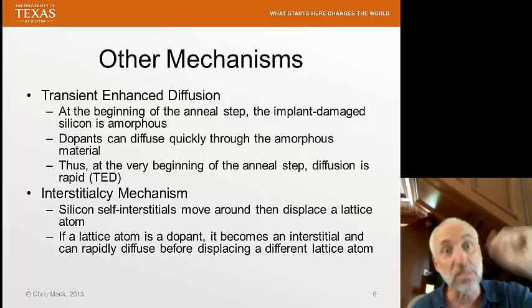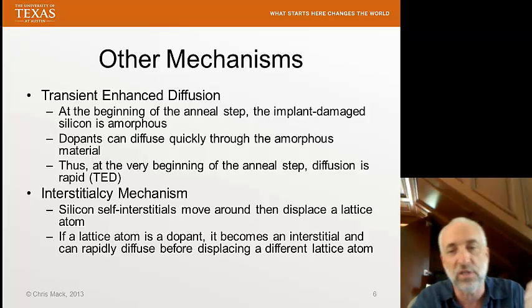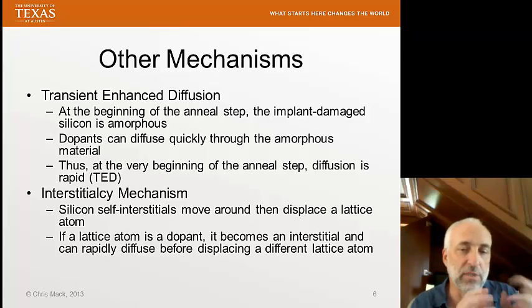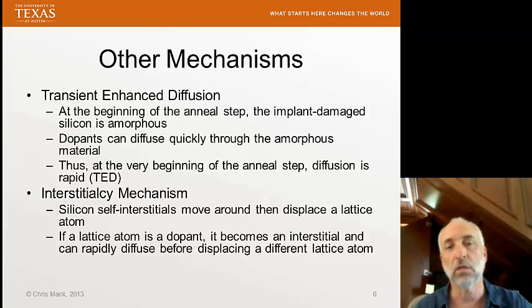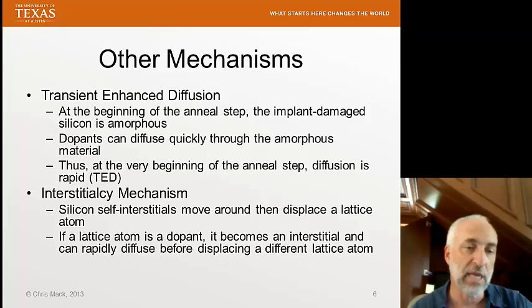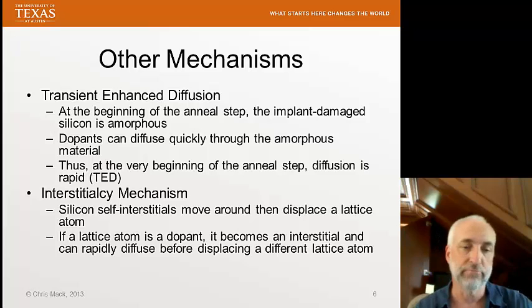Now the dopant is an interstitial. And that interstitial dopant can move very quickly before it displaces a different lattice atom and gets back into the crystal structure. The result is a faster or quicker diffusion than you get just from the other mechanisms like vacancy exchange.